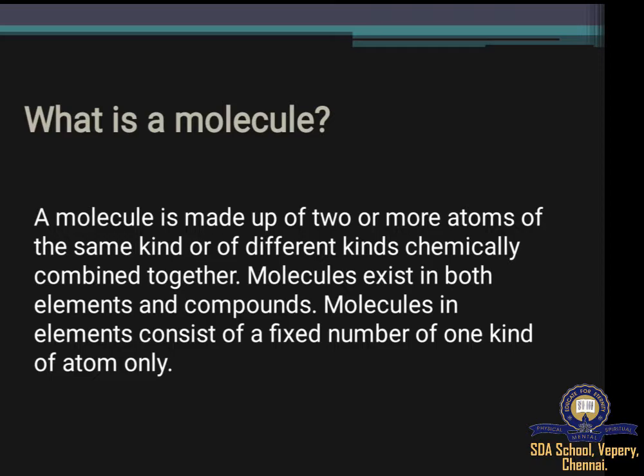Different kinds of atoms means CO2, H2O, NO2, with two different atoms combined in a fixed ratio, which leads to the formation of a molecule. So a molecule is made up of two or more atoms of the same kind or different kinds chemically combined together.